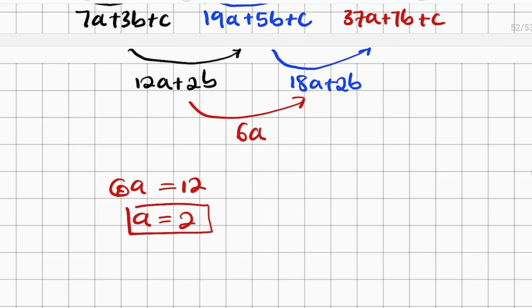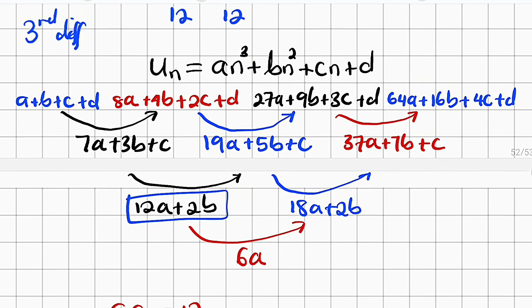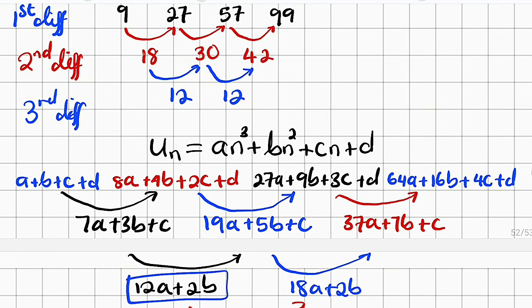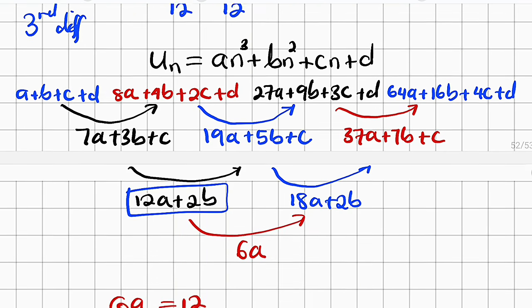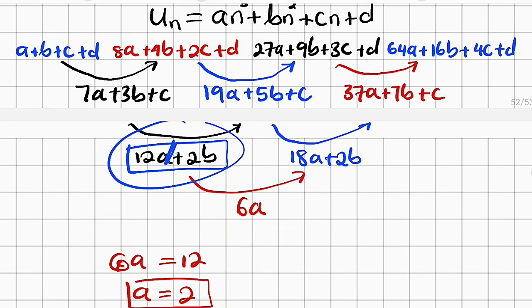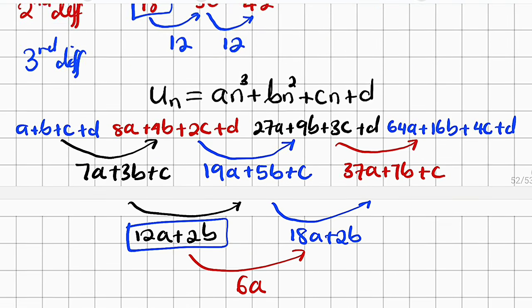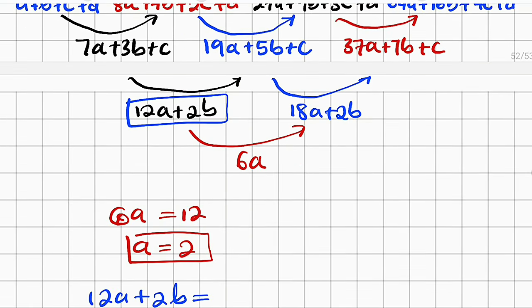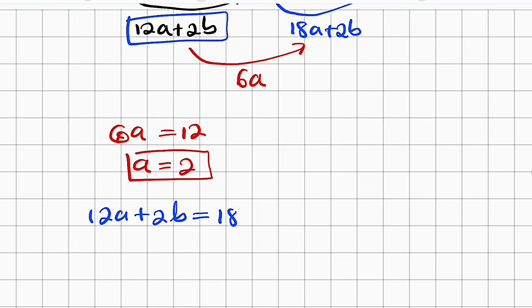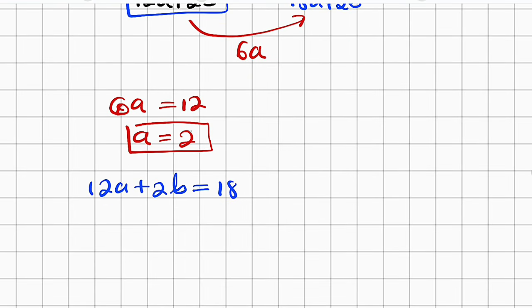Now we need to find the value of b. I'm going to take this expression here and relate it to which expression? To 18. Second difference, first term. This is our second difference and this is our first term. 12a plus 2b must be equal to that number which is 18. But remember, a is what? 2.